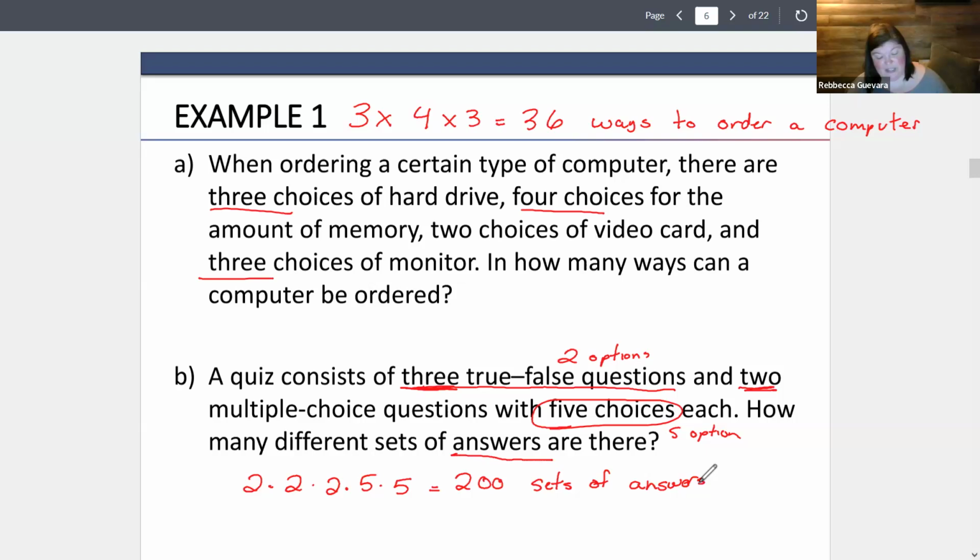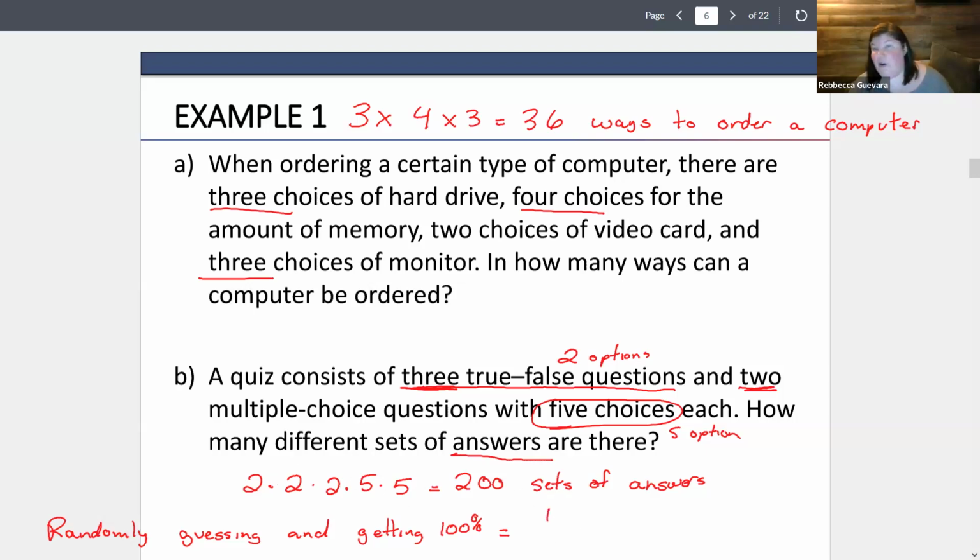So what that tells me is that the chance of randomly guessing and getting 100% would mean I have to get all my questions correct.